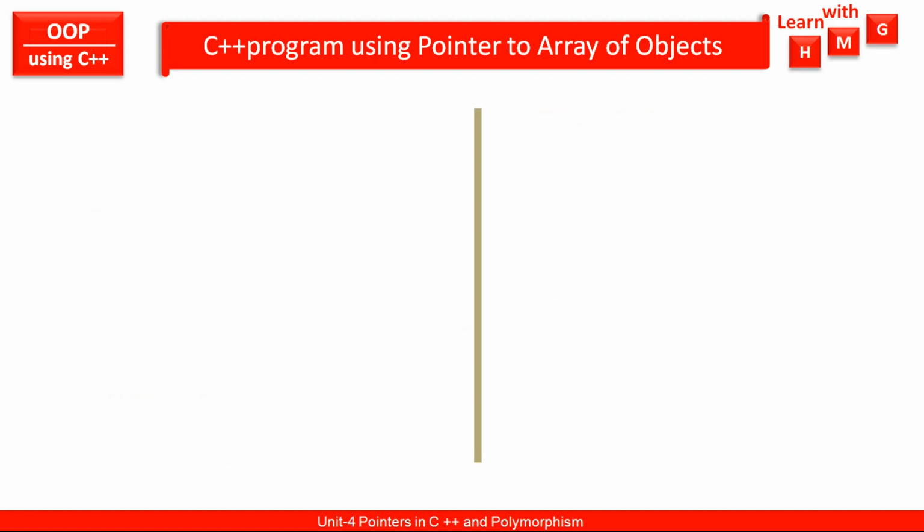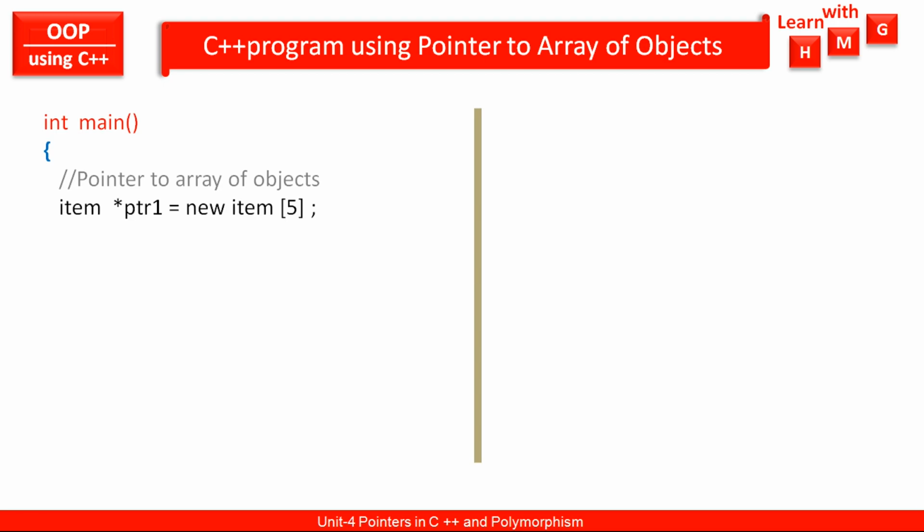Let us go to the main function. In main I am going to create a pointer to an array of objects, and as we have studied, how to declare a pointer, how to create an array of objects, and how to make the pointer point to the array of objects in a single step. Here item is a class, ptr1 is the pointer name, item is again the class name, and 5 is the number of objects.